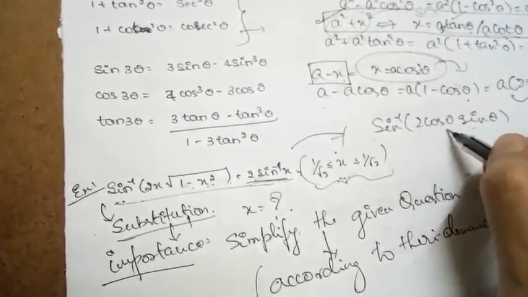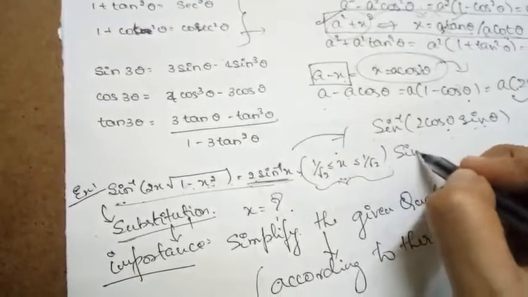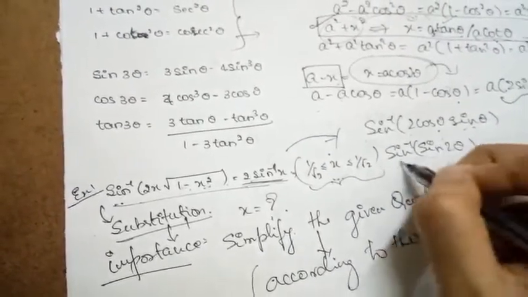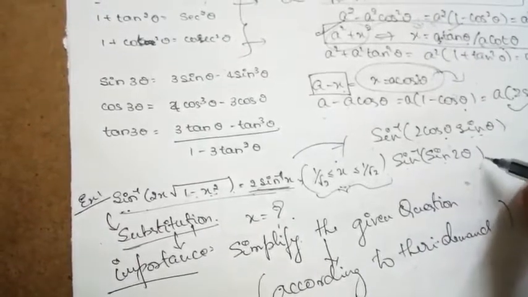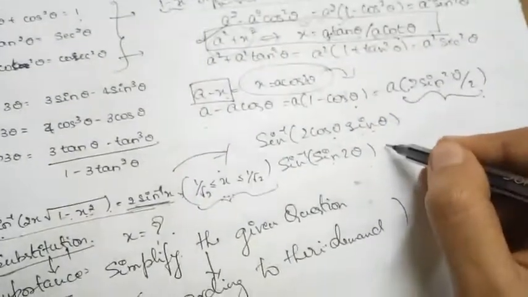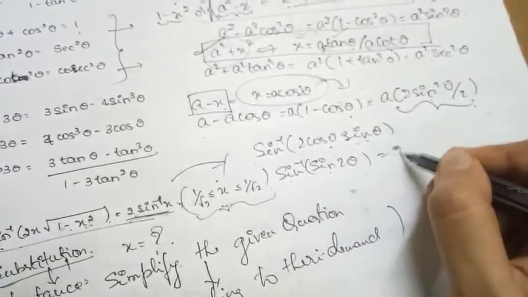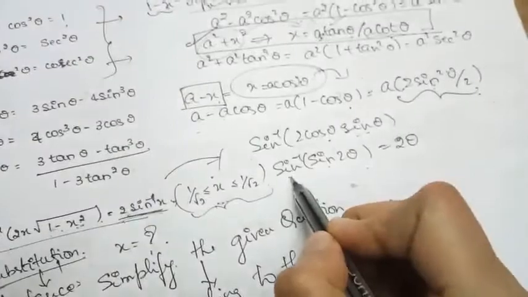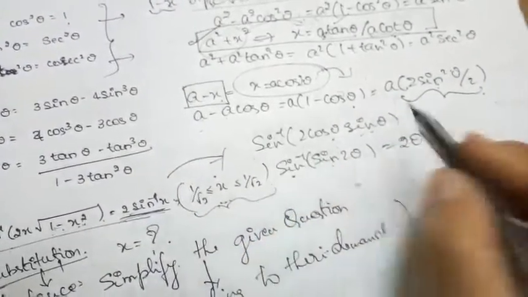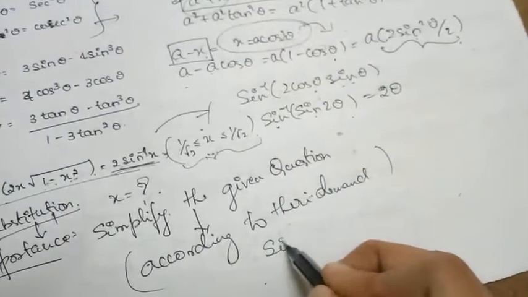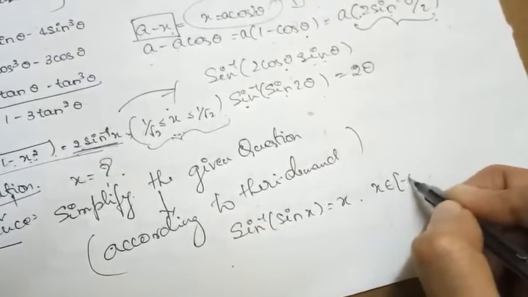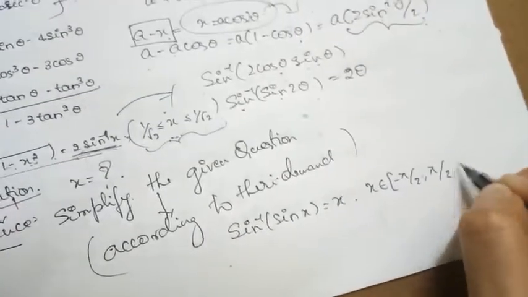So 2 cos theta into sin theta, we have the identity, that is sin 2 theta. So sin inverse of sin 2 theta we have got, and we used to write sin inverse of sin 2 theta is equal to 2 theta. Because in the beginning while explaining the properties I have said that sine inverse of sin x is equal to x when x belongs to minus pi by 2 to plus pi by 2.